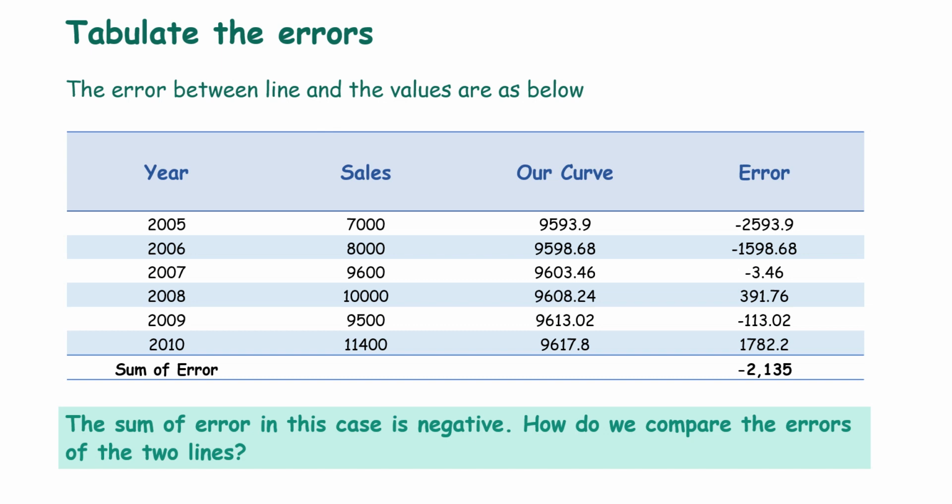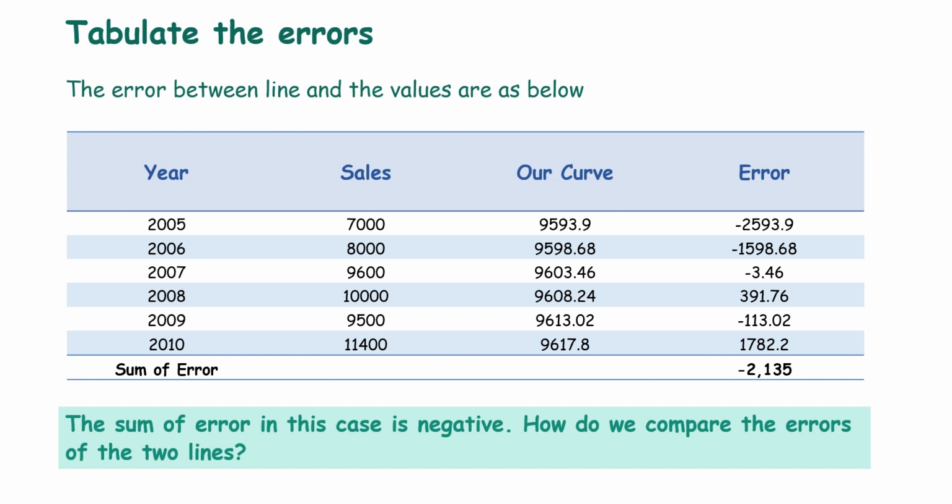So rather than looking at the error value as such, we will be squaring the errors, because see what happens when you have both negative and positive errors. You may have a line which has error in both directions. Like the error could be in the magnitude of negative 10,000 for one point and positive 10,000 for another data point.